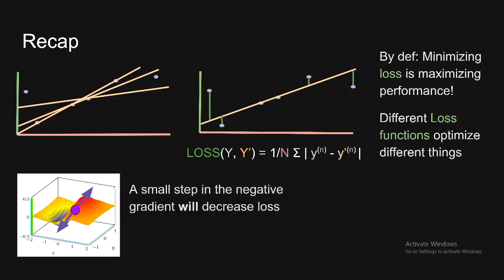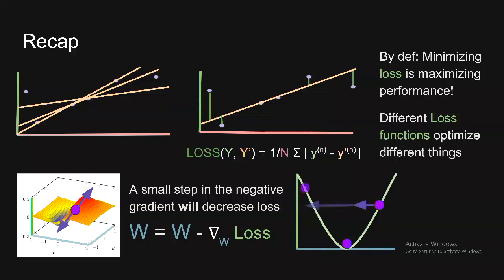And we found out that taking a small step will necessarily decrease our loss, which is a really good thing to notice if we care about having better performance. And we came up with this little equation. We realized that there's a problem there. We could be taking too big a step. So we came up with this hyperparameter learning rate, which will scale the gradient and determine how big a step we take. Okay, cool. Recap done.